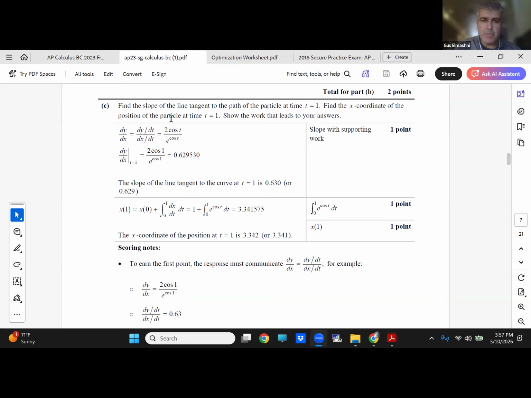Find the x coordinate of the position for x at time t equals 1. So you have the initial position. Remember, it's FTC, right? You're doing the integral from 0 to 1 of the horizontal component of the velocity. That's going to be the position at 1 minus the position at 0. So it's just an FTC situation for that one.